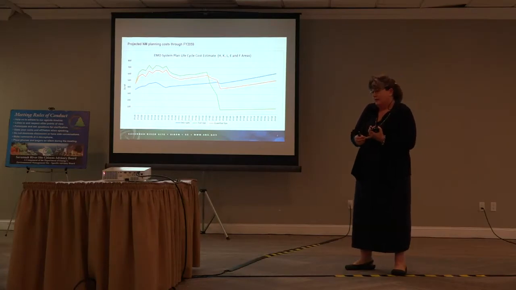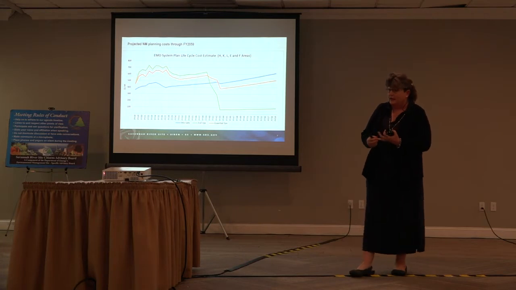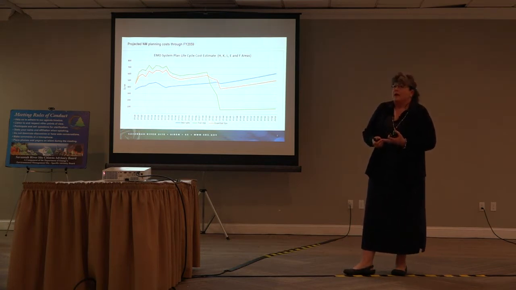Dawn Gillis, CAB. When do we get to actually see the system plan? So right now it's under review by our headquarters mission unit. It's under review by the site DOE folks as well as we've had NNSA looking at it. I would think we would not probably have approval till sometime in February.